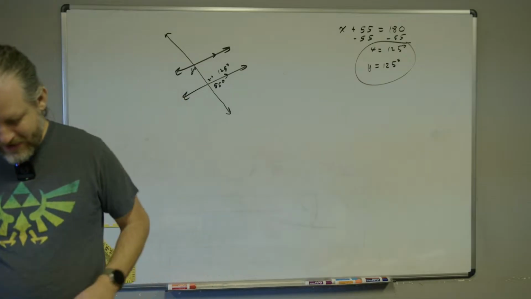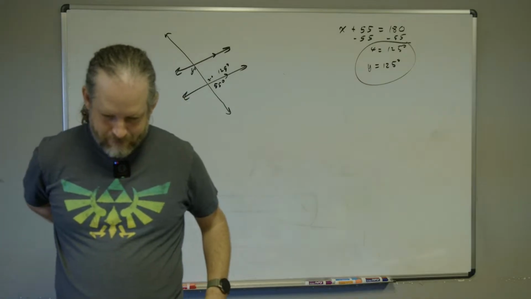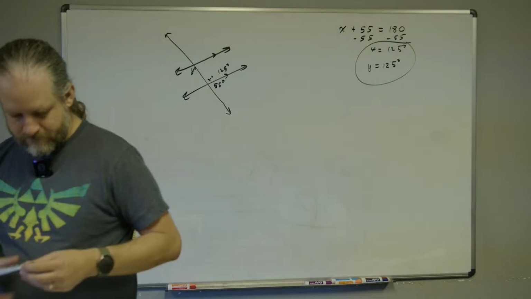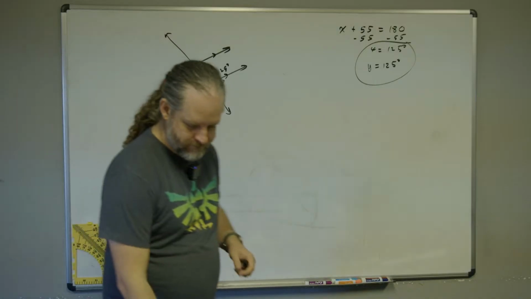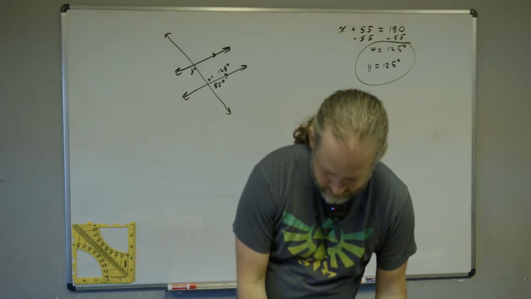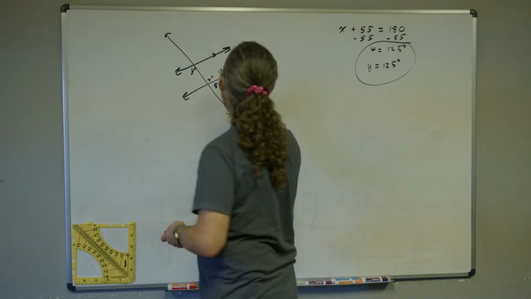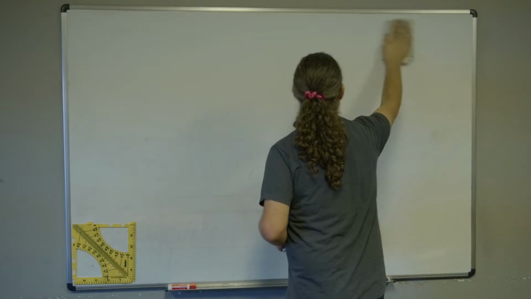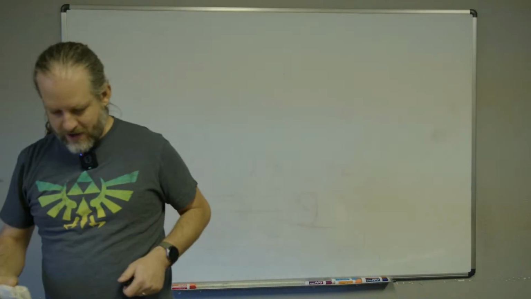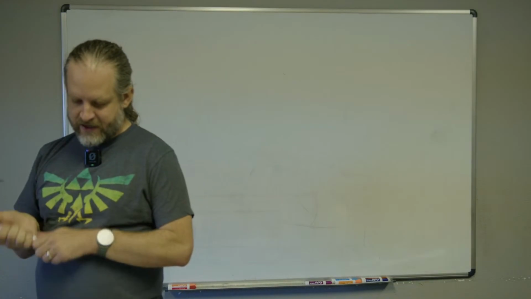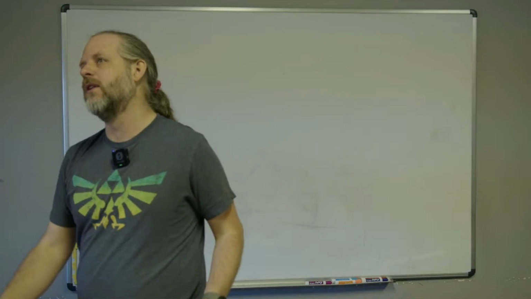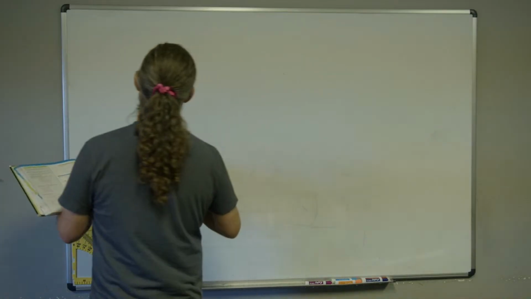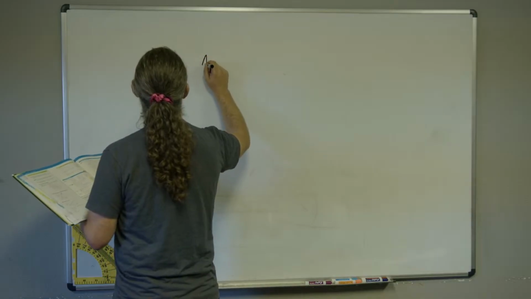Number 30 says with the given points, figure out whether lines AB and CD are parallel, perpendicular, or neither. What are we looking for to see whether they're parallel, perpendicular, or neither?